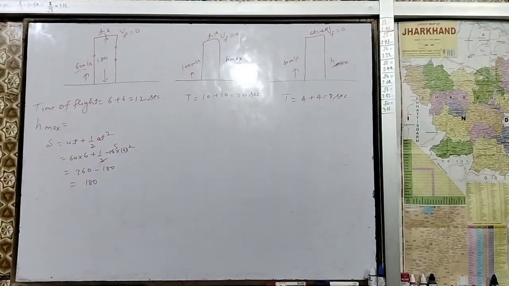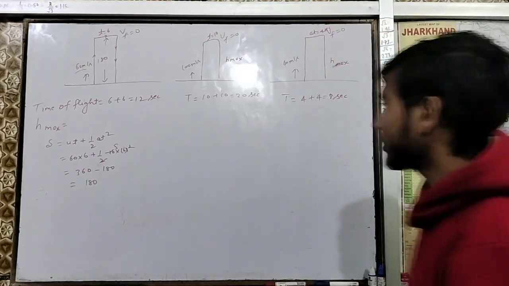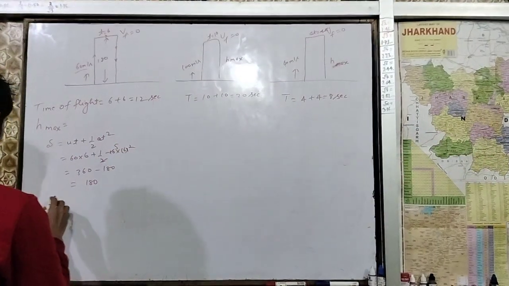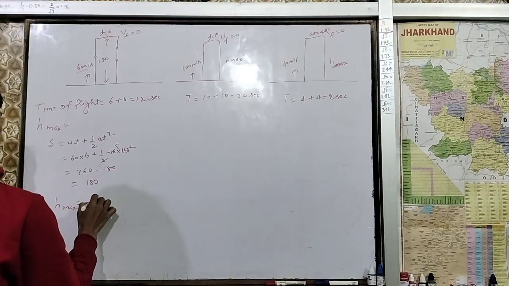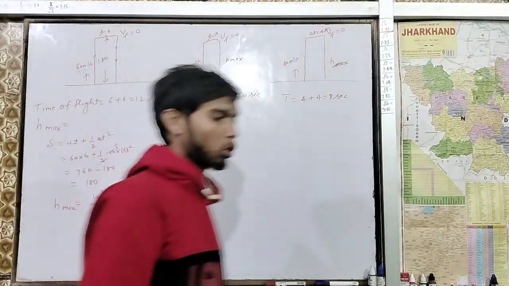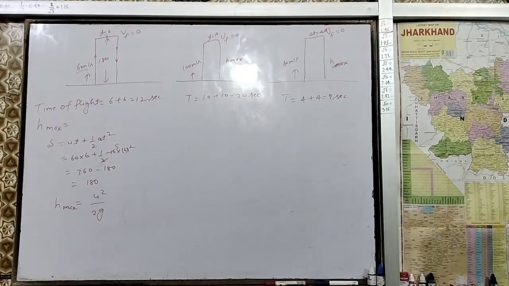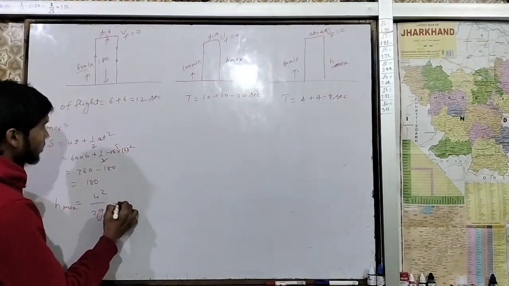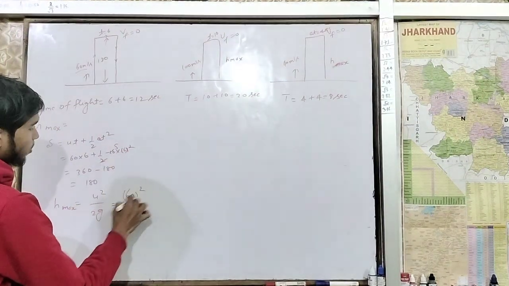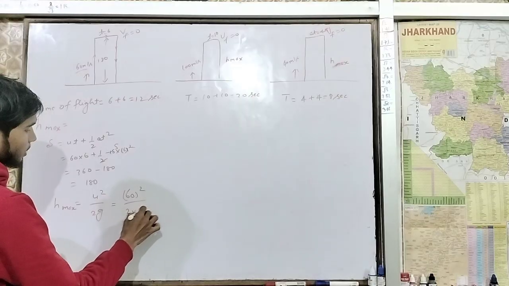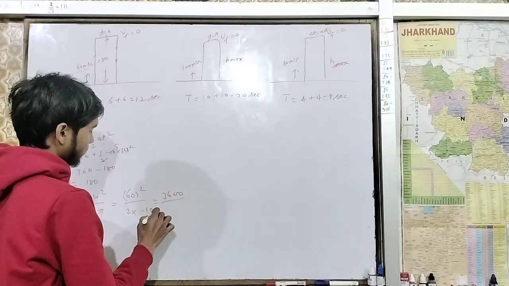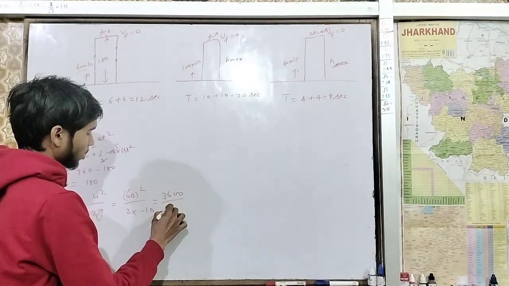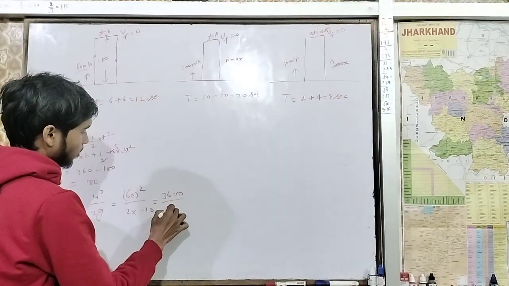One thing I would like to tell you over here: can this number come when this is used? U square upon 2a. So u is 60 raised to power 2, which is 3600, and over here is 2 multiplied by minus 10.